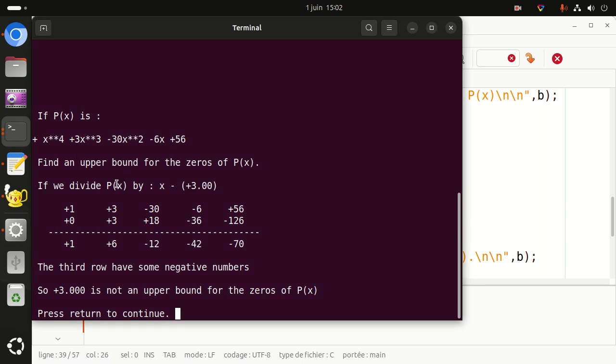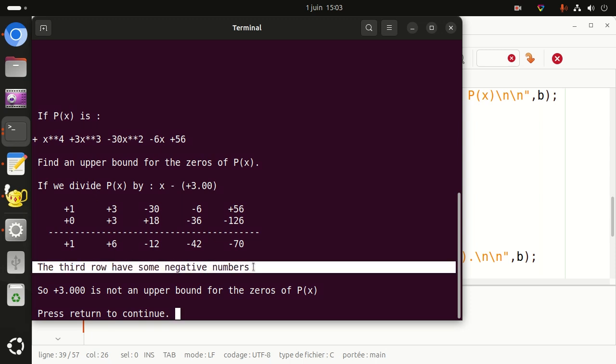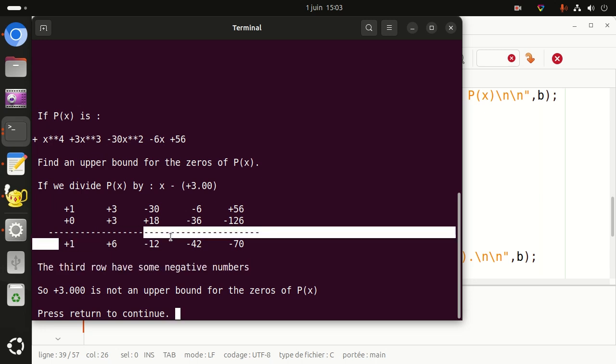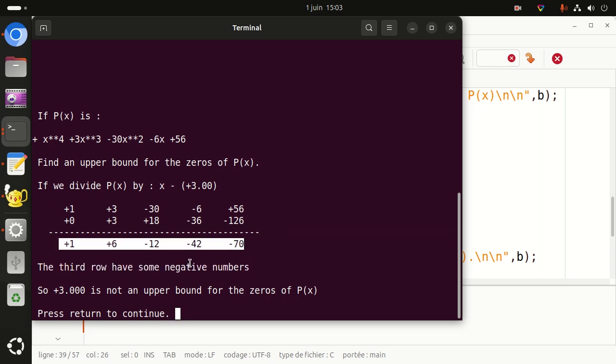If I divide P of X by X minus 3, the first row has some negative numbers, 1, 2, 3. So plus 3 is not an upper bound for the roots of P of X.